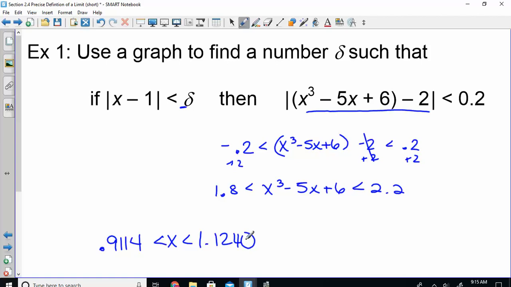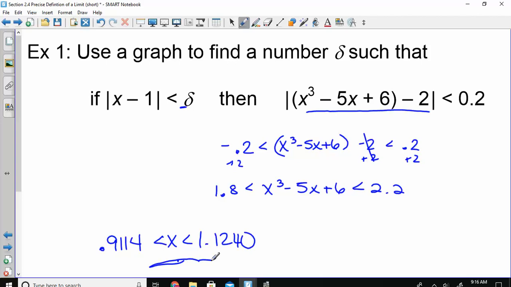So basically, what we found, if I want my y's to be within 2/10 of 2, that meant my y had to be between 1.8 and 2.2. And you can make that happen if you pick an x between these, 0.9 and 1.1.